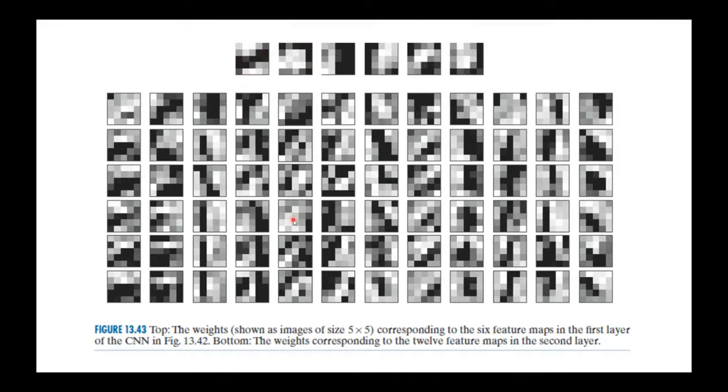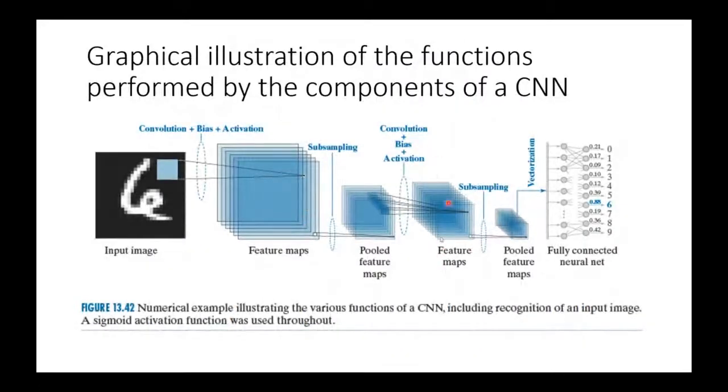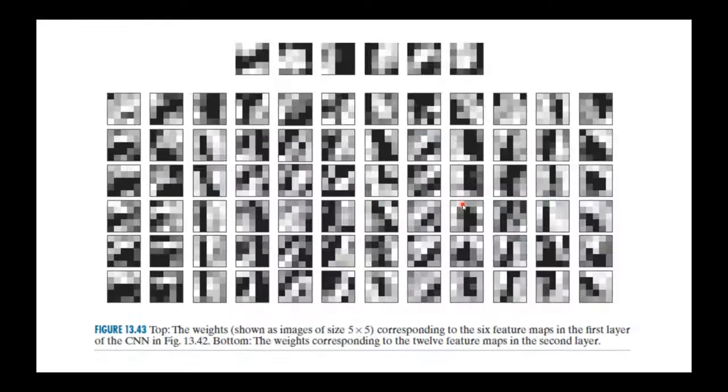And that is the feature maps learned at this stage here. This is the feature map of the second layer. These are very difficult to interpret, so you can't see anything from it.